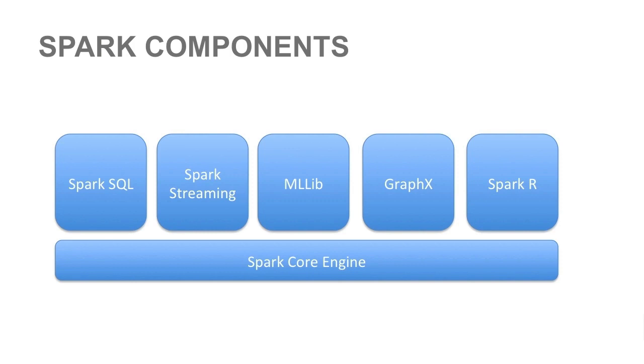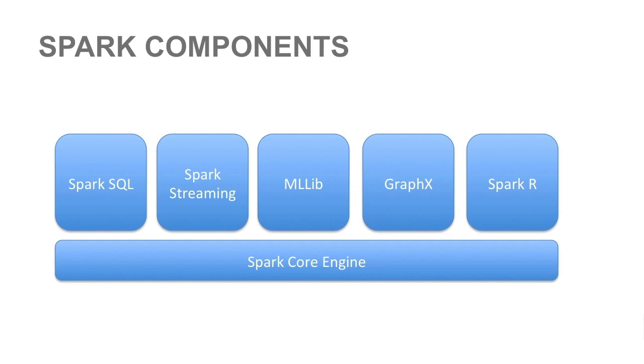The key components of Spark are the following. At the bottom, we have the Spark core engine, and then we have a number of systems on top of that. So we have Spark SQL that is adding conventional SQL capabilities to Spark. This is going to broaden the appeal of Spark. There is the streaming API, which combines batch and streaming processing, so the code that we write for both batch and streaming is very, very similar.